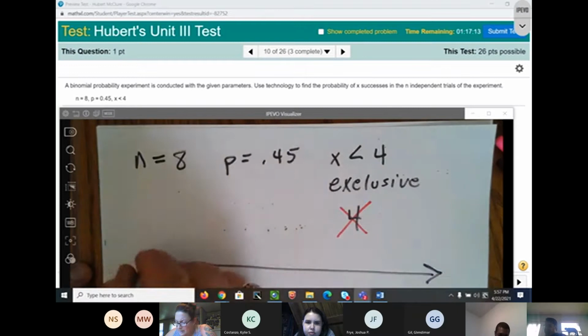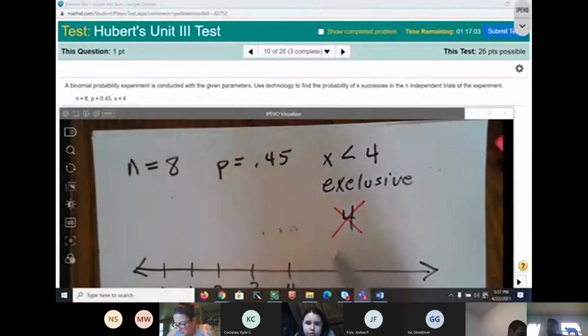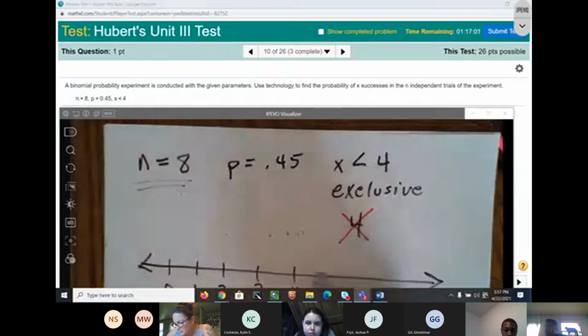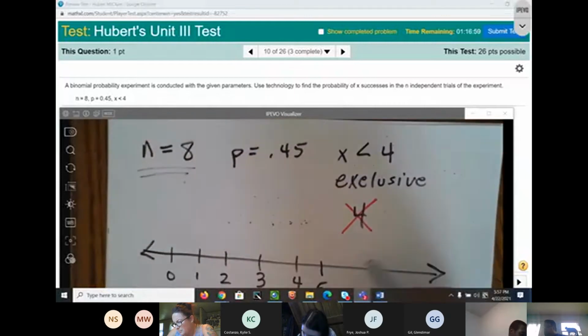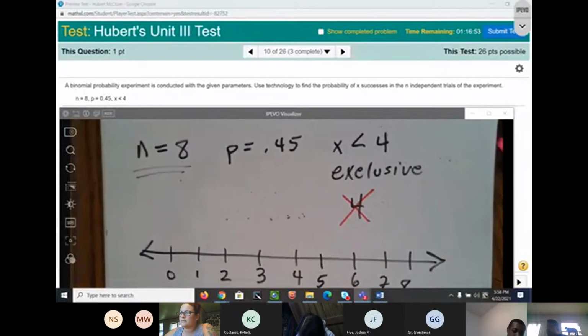And our number line is, remember households. You have 0 households, 1 household, 2 households, 3 households, 4 households, 5 households, 6 households, 7 households, and 8 households.